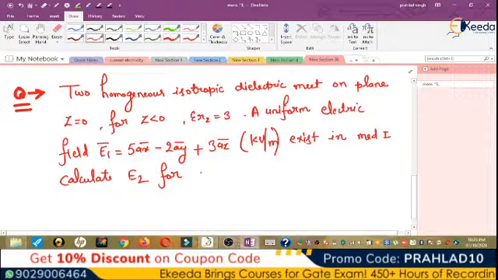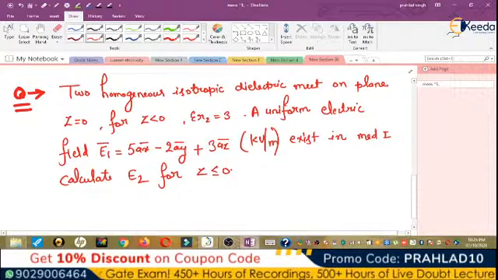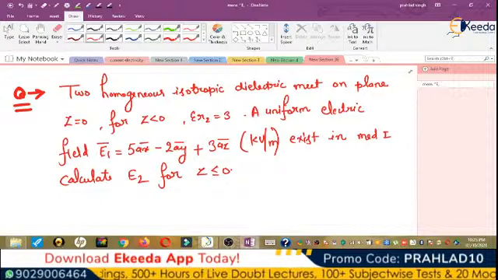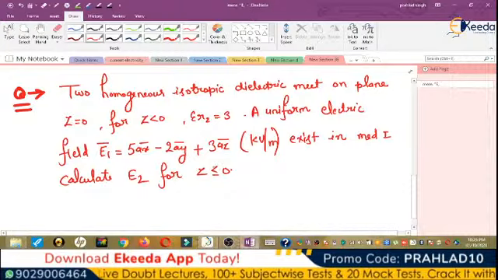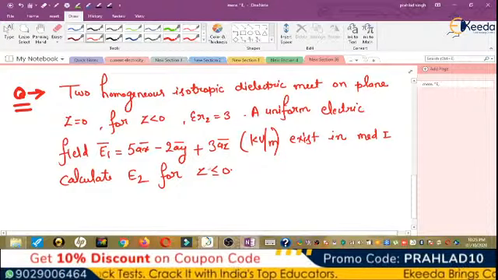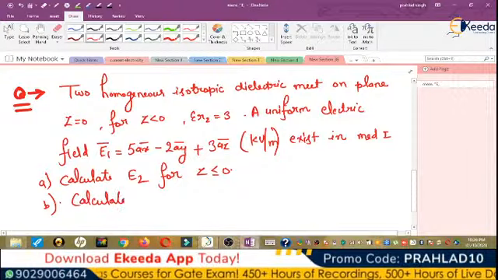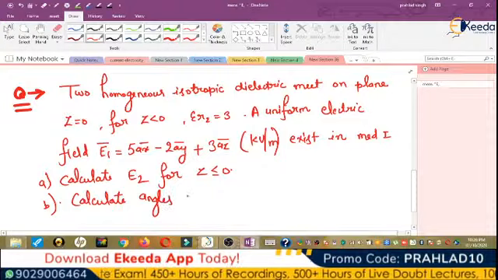Also calculate, this is the A part in this question, and the B part is calculate the angles that E1 and E2 make with the interface.